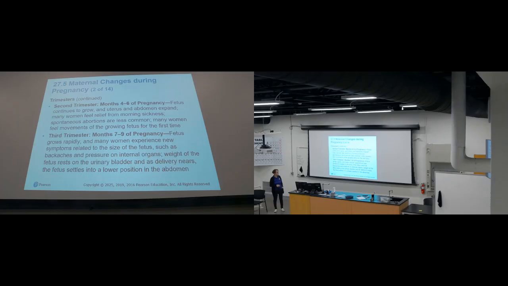And in the third trimester, since the baby starts growing a lot in size, the female will have compression of the urinary bladder, and the baby settles in a lower position in the abdomen, and sometimes women experience symptoms related to that, like backaches, or sometimes pain within the pelvic area.